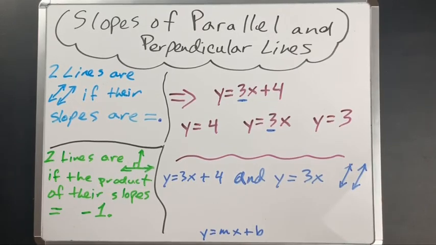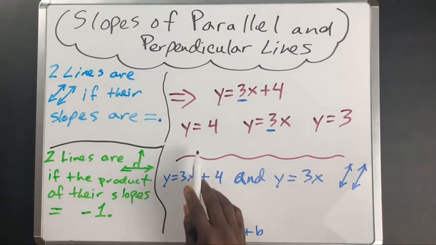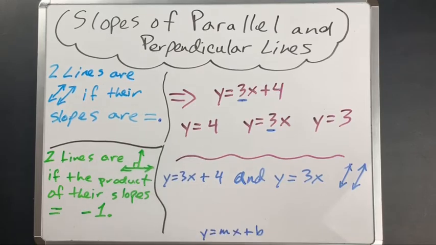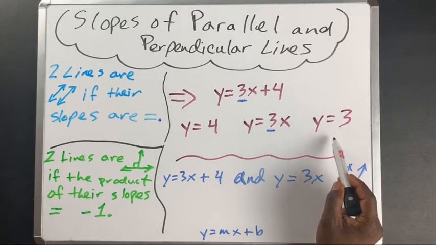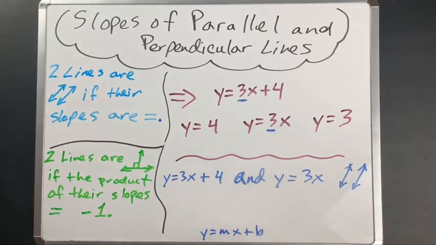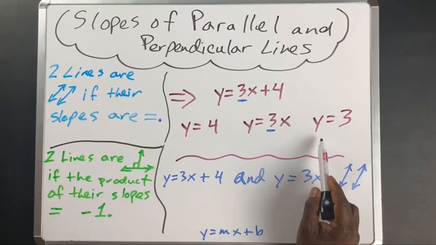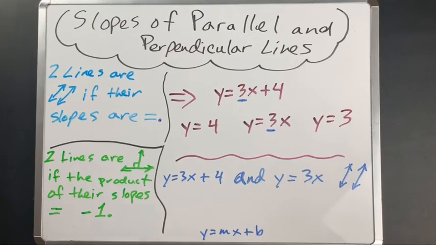Now, if we were to graph the equation y equals 4, that would be a horizontal line intersecting the y-axis at 4. And the equation y equals 3 would be a horizontal line intersecting the y-axis at 3. We don't see the slope here because the slope is 0.